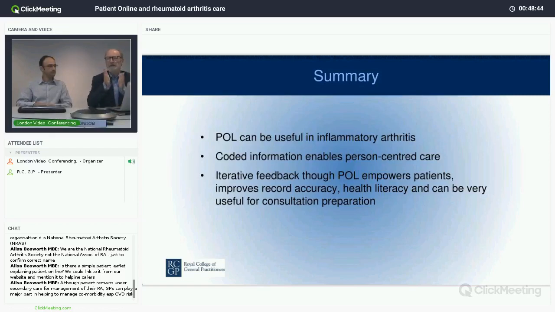The defining issue is that if a record of a blood test result is present within the GP system, the patient will be able to see that. If it's not in the GP system and not filed in the GP system, the patient won't be able to see it. So a blood test result that is a test that's done in hospital, where the result may be available to the practice, but only by viewing it, but it's not actually filed in the patient record, will not be visible to the patient.